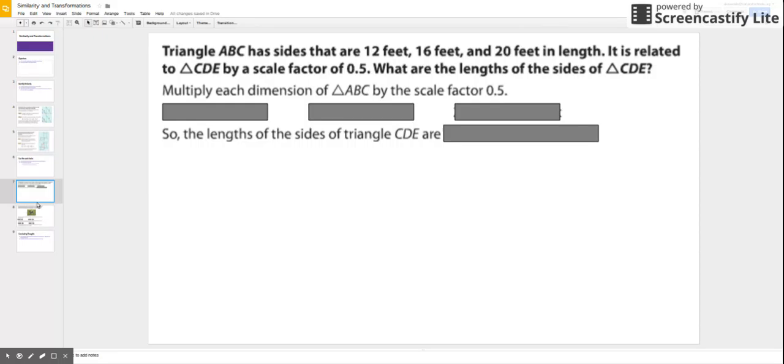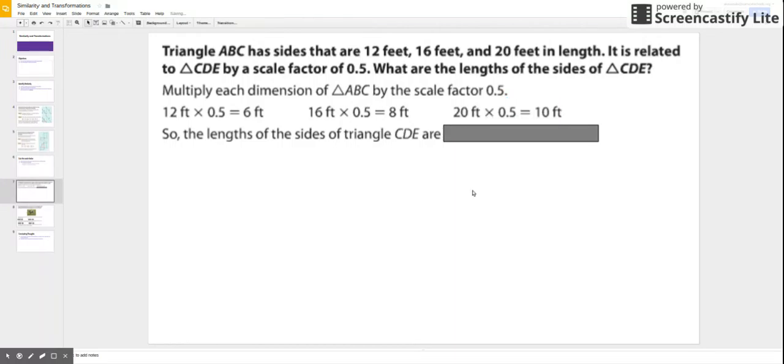Alright, so first thing we know is that the scale factor is 0.5. And we also know each side length. So in order to find the new side lengths, we're going to multiply each of the sides by 0.5. Okay, so 12 feet times 0.5 gets you 6. 16 feet times 0.5 gets you 8.